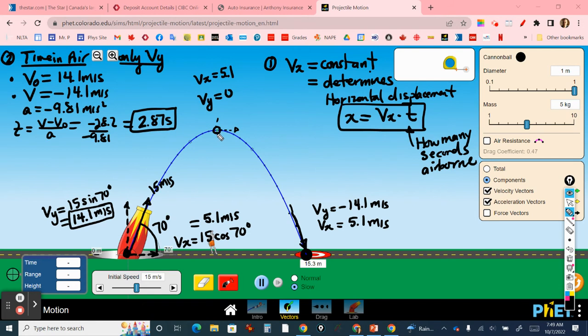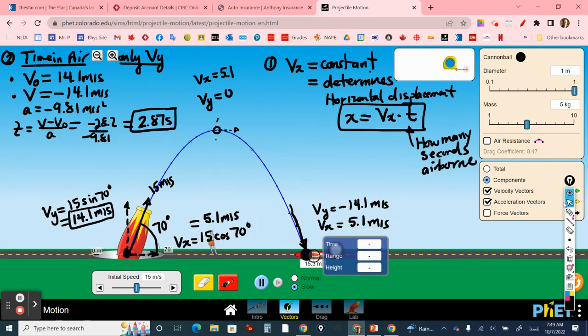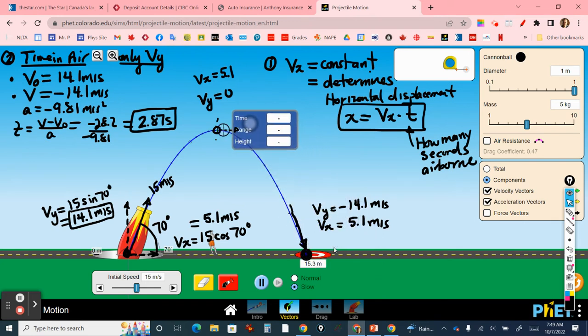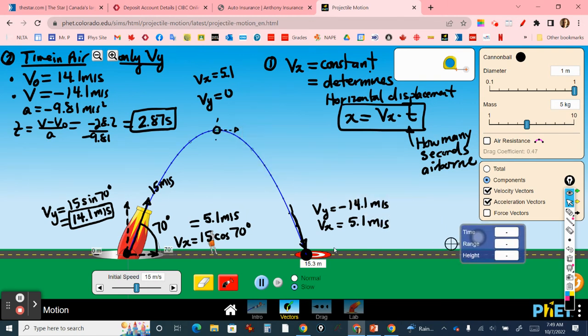The time to go to the maximum height will be half of this. But we can use our tool here now, which I've brought down, and place that over here, 2.87 seconds. And right at the top, it's 1.44, which is half of that.